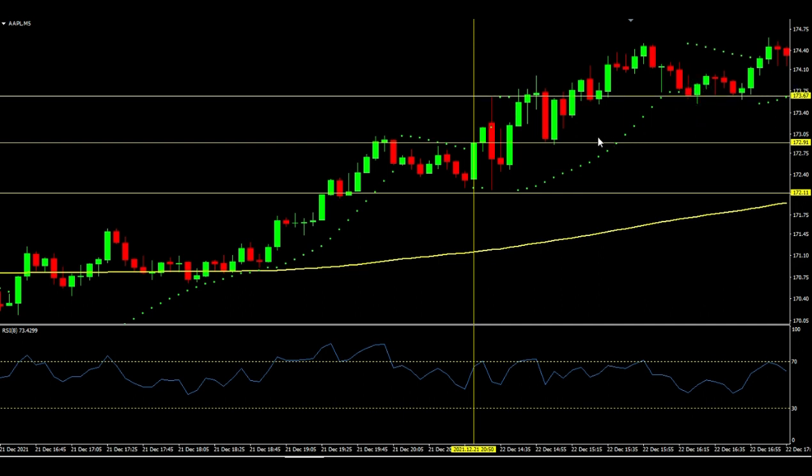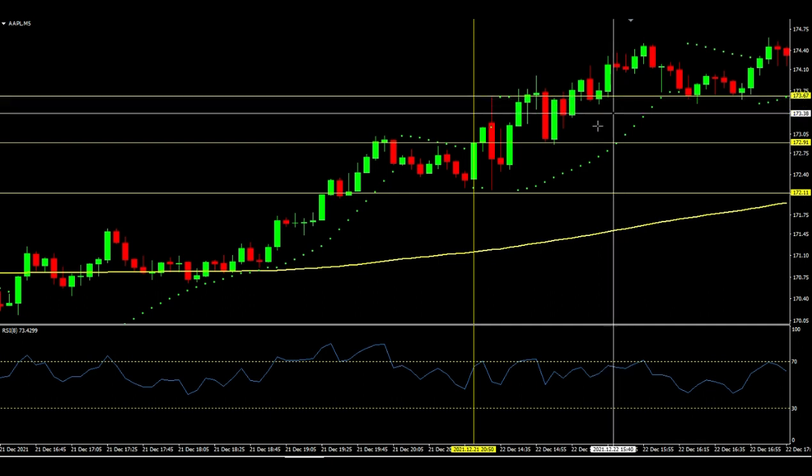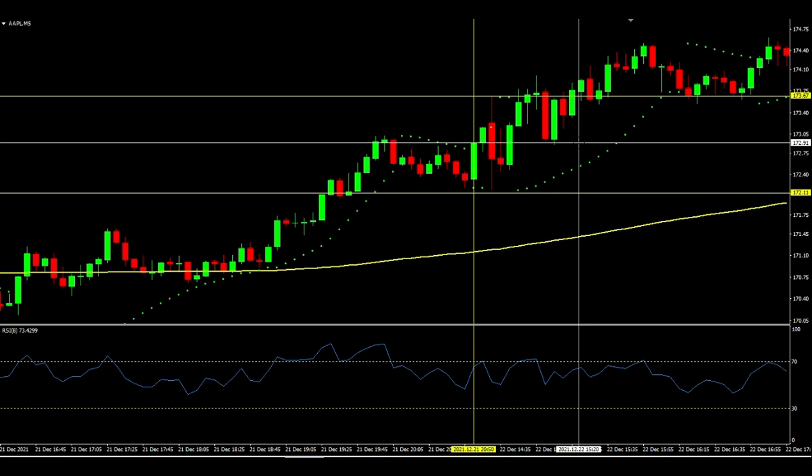Okay, so this was our entry and this was the stop loss, this was our entry, and this was our take profit. So now we are making a profit of 75 points.